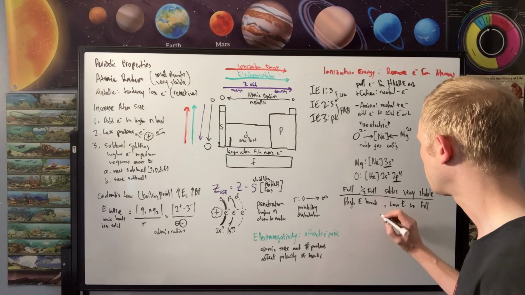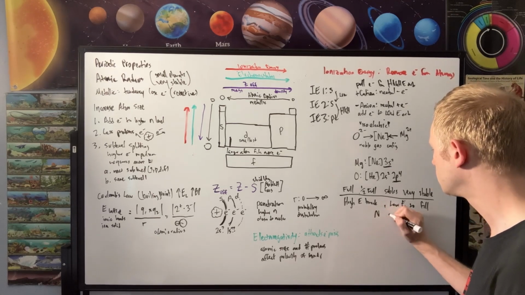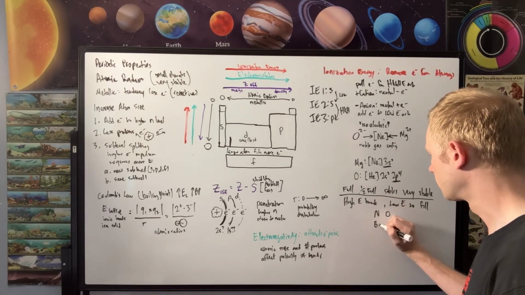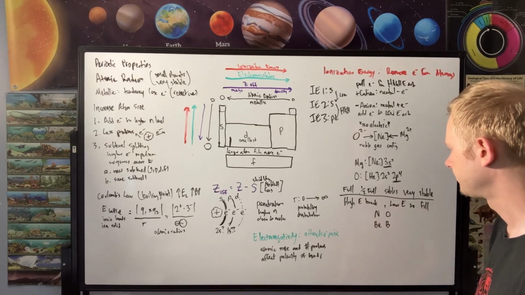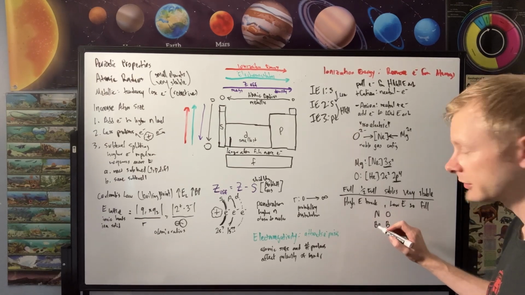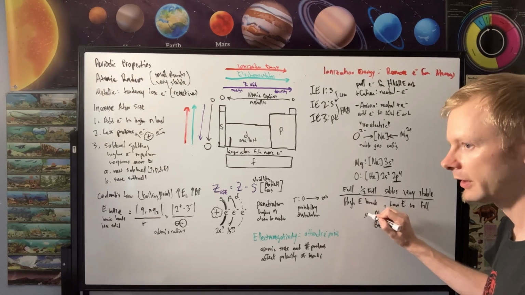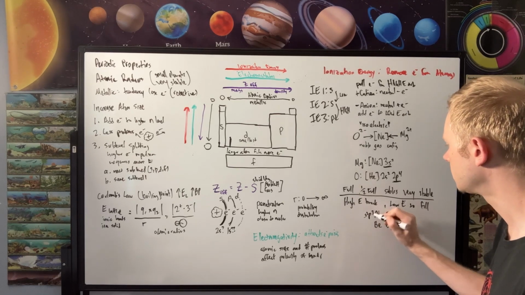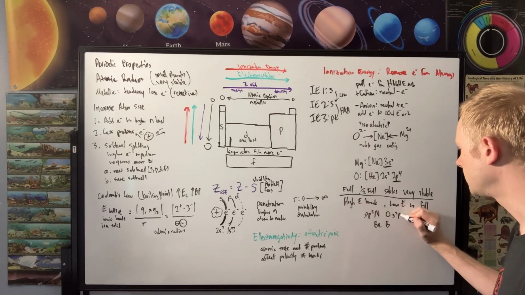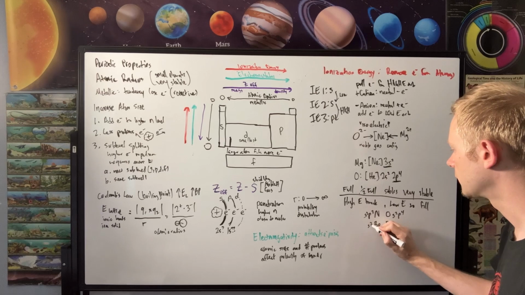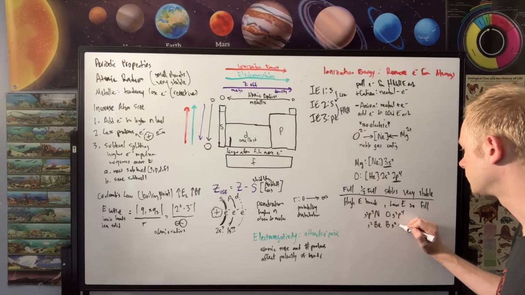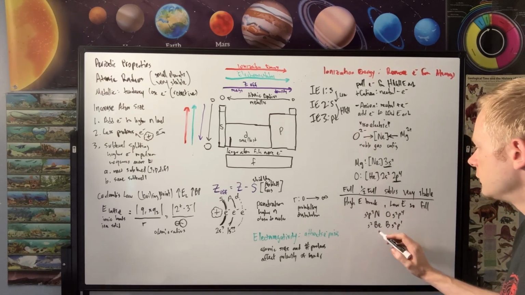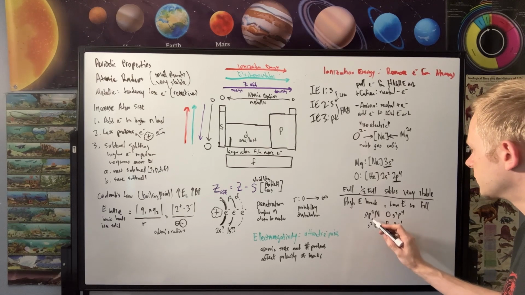Now let's compare some ionization energies between nitrogen, oxygen, beryllium, and boron. If we look at the electron configurations of these things, it's going to be like s2p3, whereas over here we have s2p4, and here would be an s2 versus here it's an s2p1. So you can immediately see that these guys are in a very stable position.